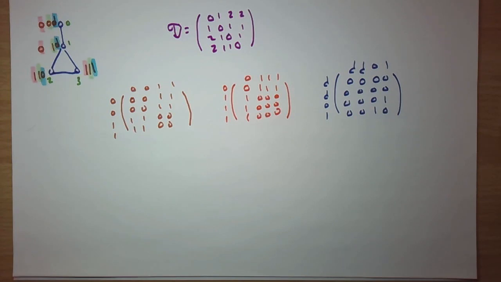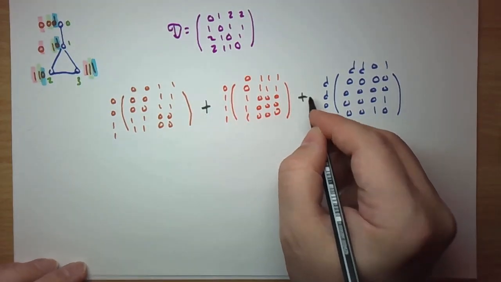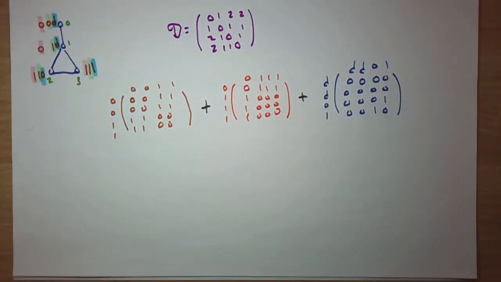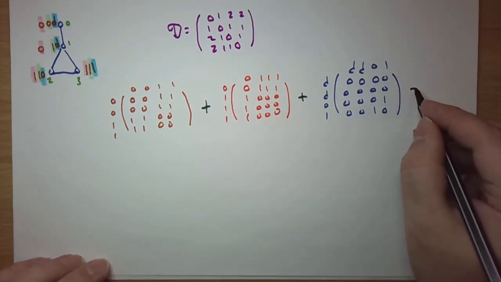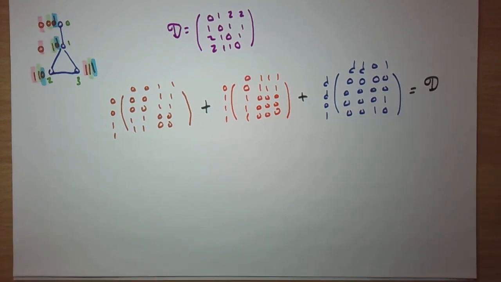All right, now, great, we look at this and we say, what would happen if you added these three matrices together? And why would that happen? Right. It's only counting the number of 0, 1, and 2s of each. Right.